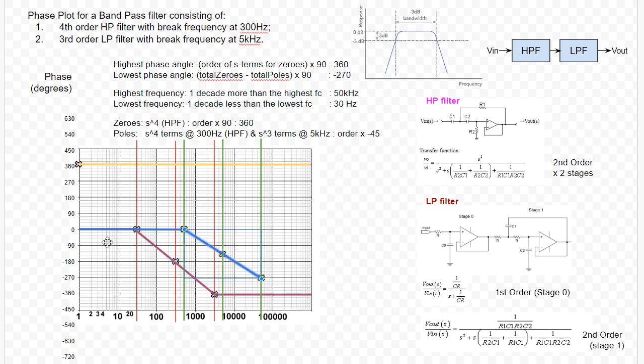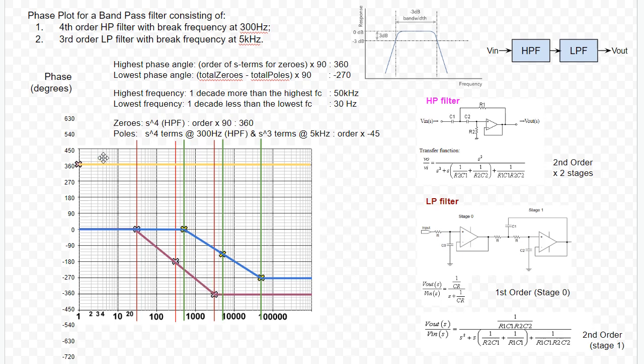And then finally it tapers off to a constant angle. So that's negative 27. All right, so now we have all three plotted in.